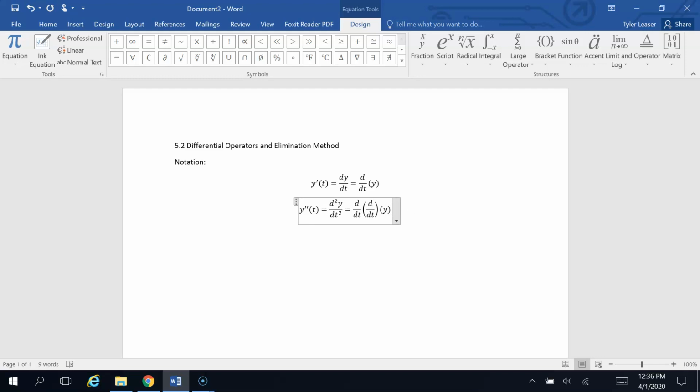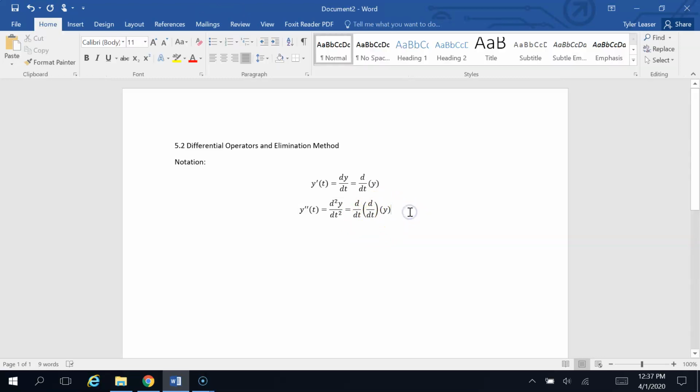So basically you want to think of this as being a composition. You take the derivative of y first, and then whatever that comes out to be, take the derivative of that. So you can have an operator operating on an operator operating on a function. That was a mouthful.